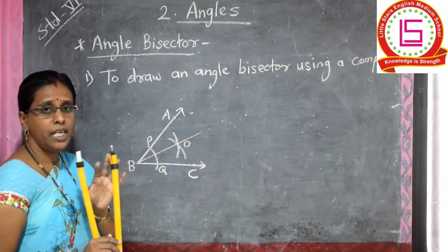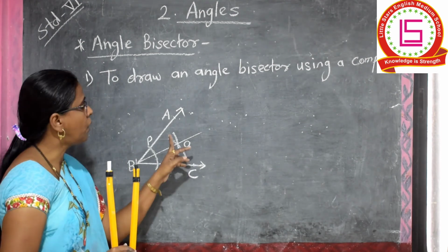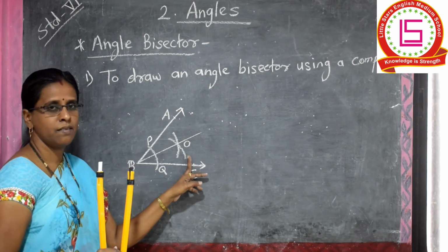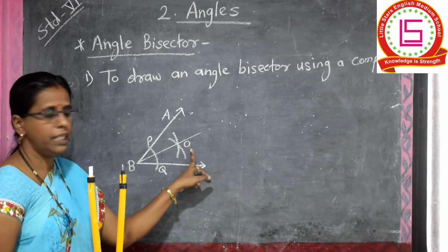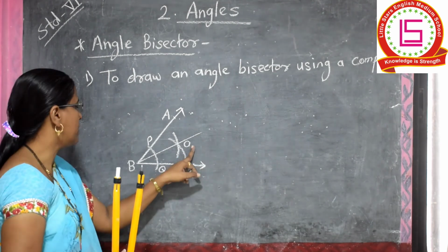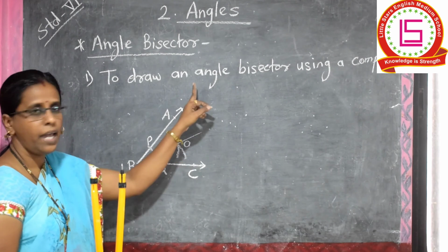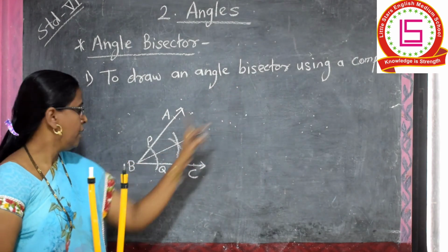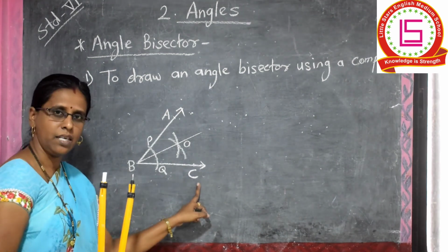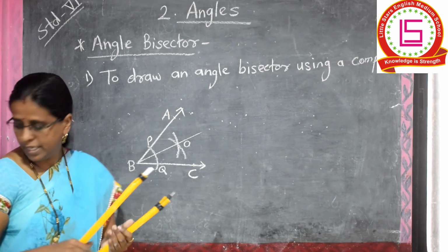With equal distance, place the compass at point Q and draw another arc, and we get the point of intersection O. After that we join the point of intersection and vertex B, and we get BO as the angle bisector. BO is called the angle bisector of this angle ABC. Understood? Then see the next point.